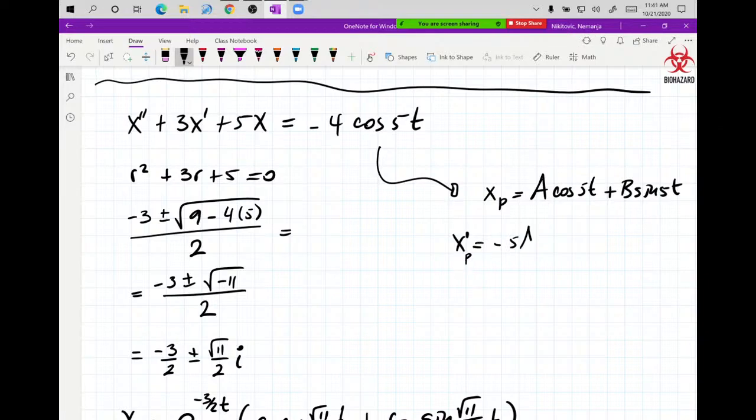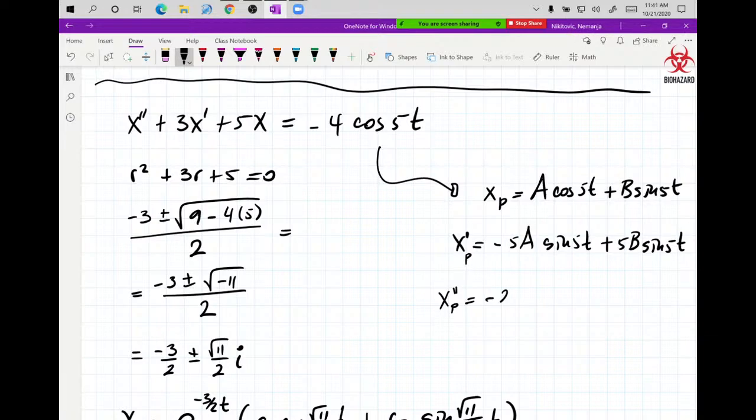So negative 5a sine 5t and then plus 5b cosine 5t. Then we have the double prime, and now I have another 5 that jumps out.